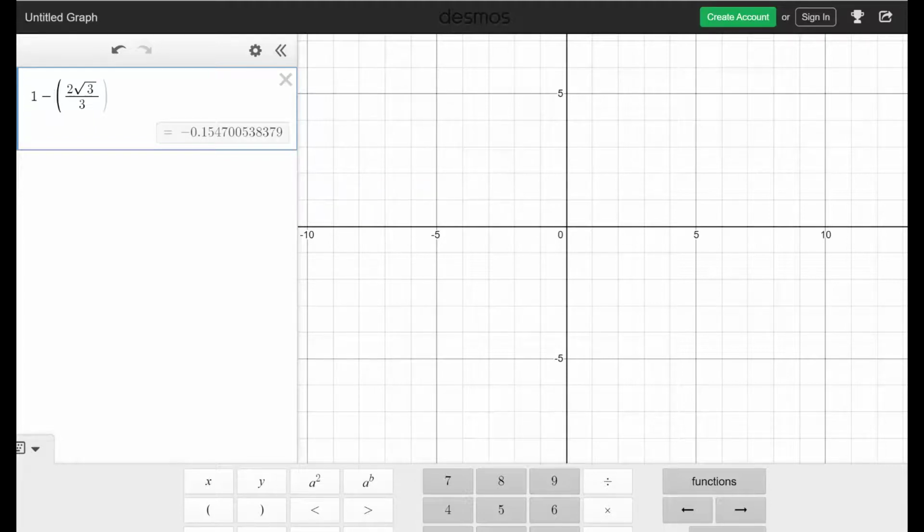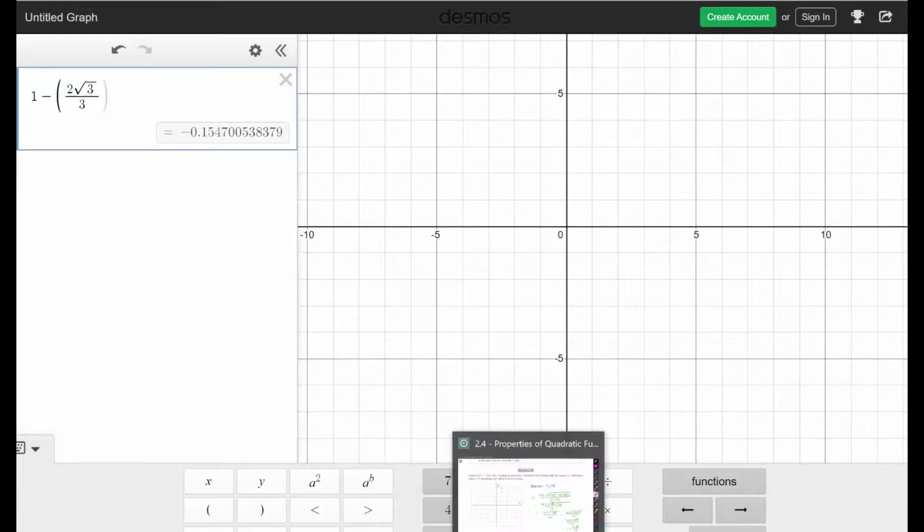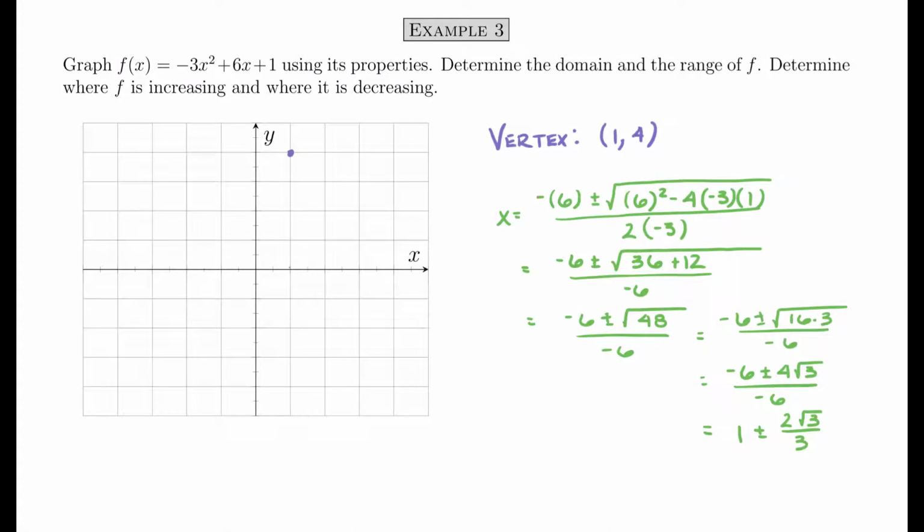So we're going to just approximate where these points lie on our coordinate plane, 2.15 and negative 0.15. 2.15 we'll say is right here, negative 0.15. That looks good. This will be our parabola. That should not have a point like that, but you guys get the idea. So there's our parabola, opens down.